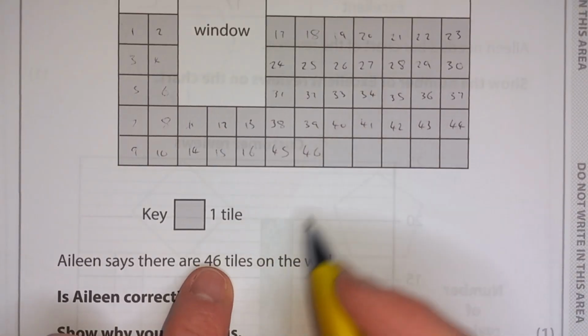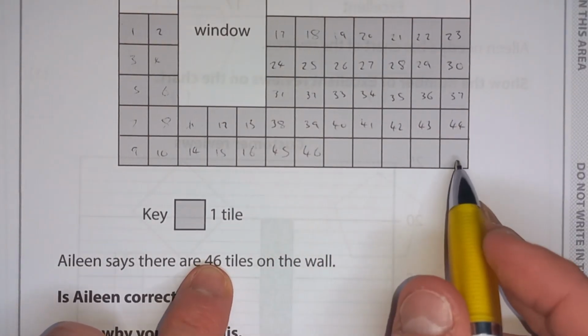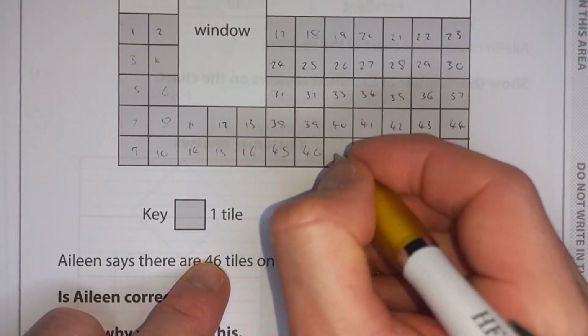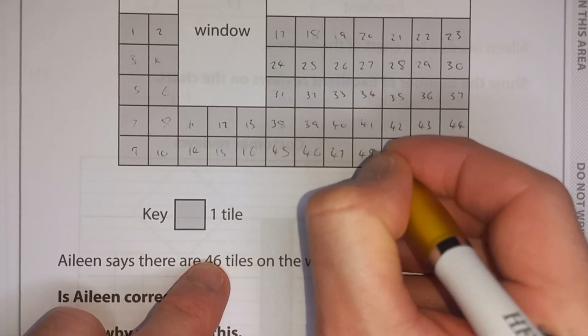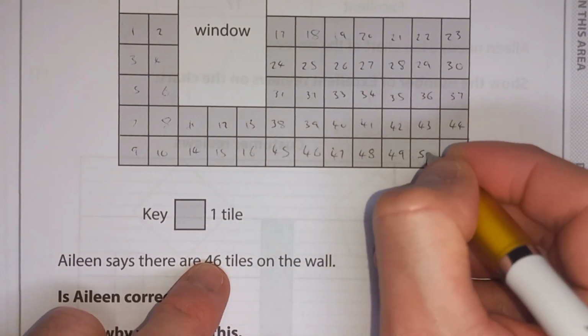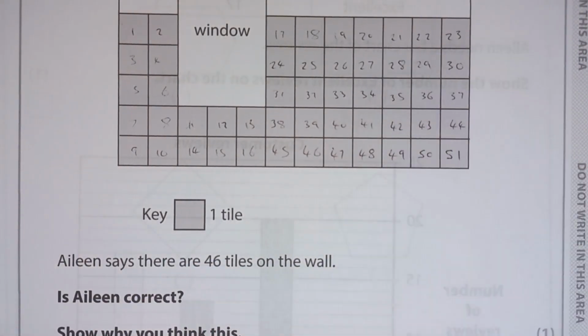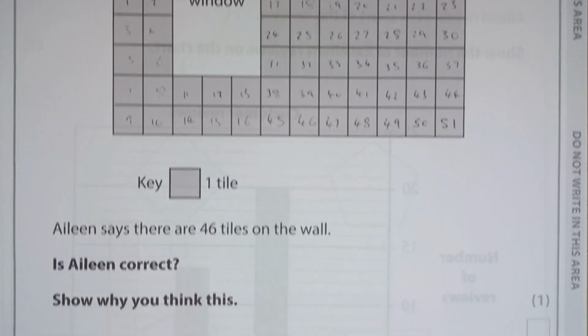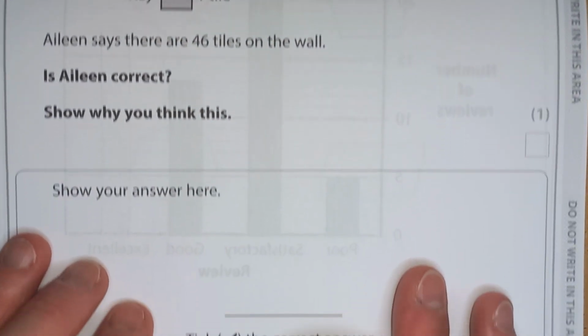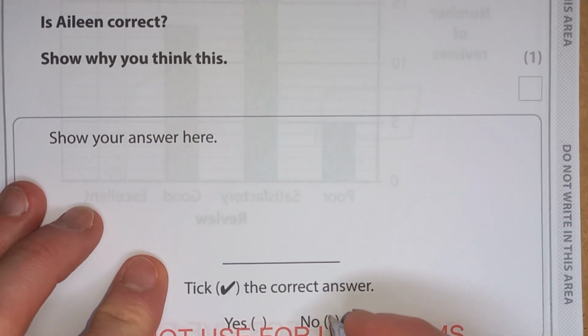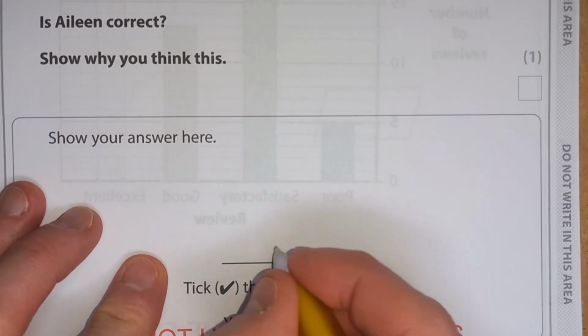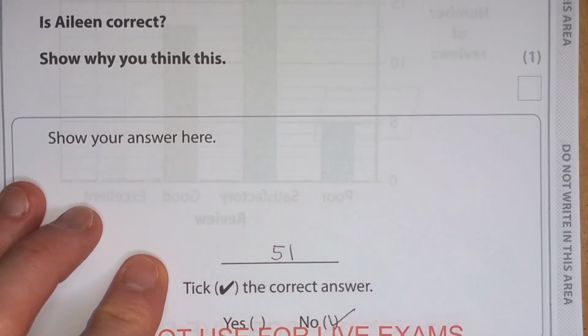We can stop there because we can see, well, it's not the same because we've got some left over, but I'm going to count all of them. 47, 48, 49, 50, and 51. So, is Aileen correct? Well, she's clearly not correct, no. And the correct answer, there's 51 tiles.